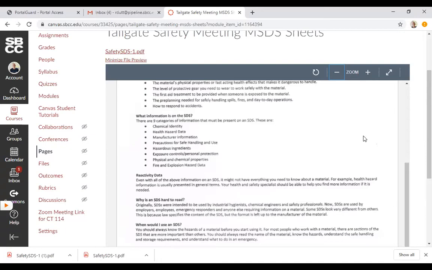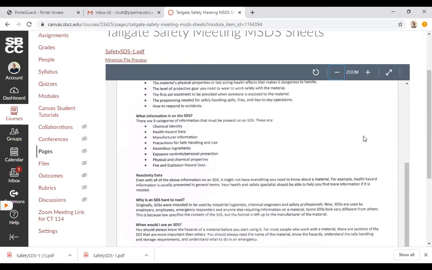Even with all the above information on an SDS, it might not have everything you need to know about a material. For example, health hazard information is usually presented in general terms. Your health and safety specialist should be able to help you find more information if it is needed. Why is an SDS hard to read? Originally, SDSs were intended to be used by industrial hygienists, chemical engineers, and safety professionals.